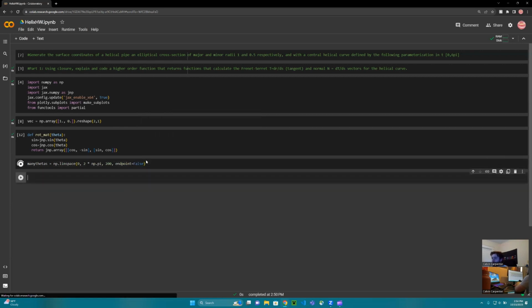We're going to disable the endpoint so that we don't end up plotting 0 and 2 pi on the same chart.